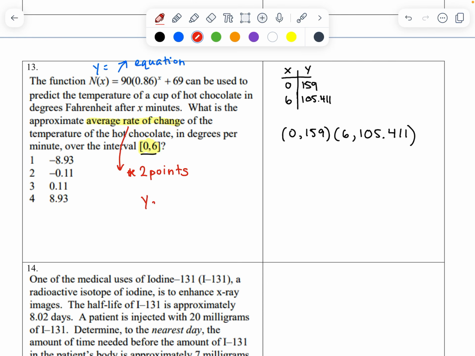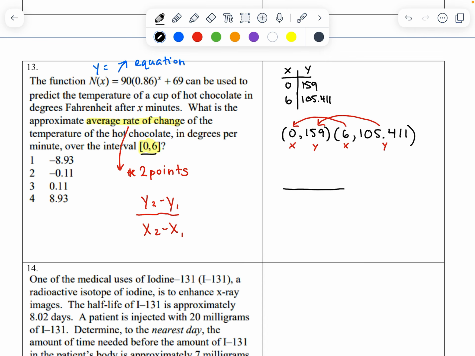Once you get your 2 points, the equation is y minus y over x minus x. So this is an x, this is a y, this is an x, this is a y.